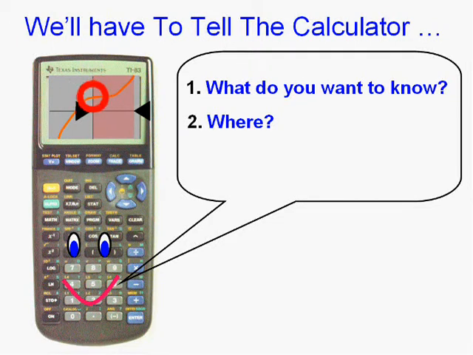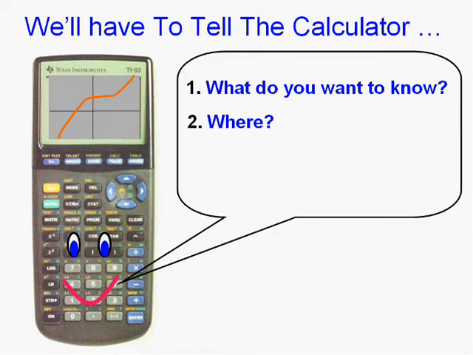Well, I guess that would be this point. That would be the lowest point of that area, wouldn't it? Or maybe you want a minimum for this area of the graph, from here to here. Now, that would be a whole different minimum, wouldn't it? That would be this point. So you have to tell it where you want it to do this calculation.